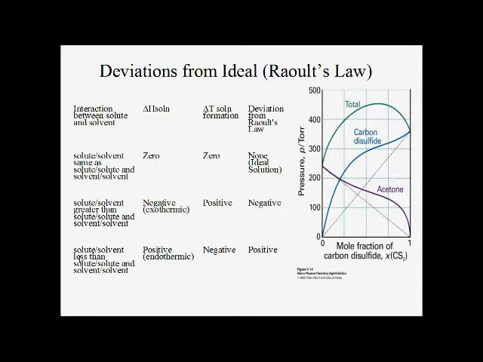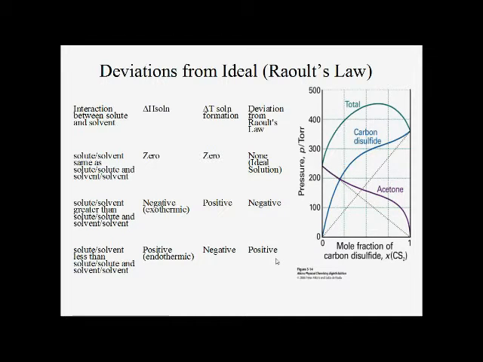So with a weak attractive force between the solute and solvent, both solute and solvent tend to come out of solution more readily into the gas phase. So we have an increase in pressure of both components of the solution, a positive deviation from Raoult's law.